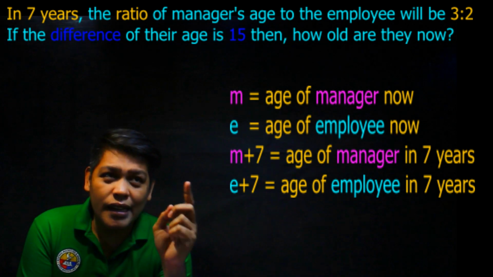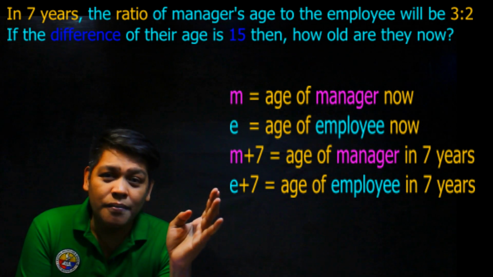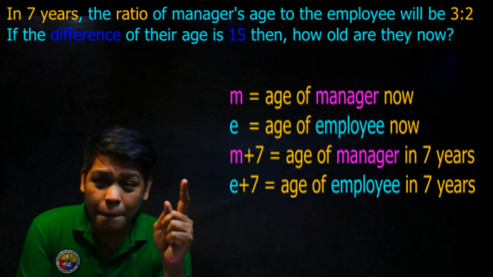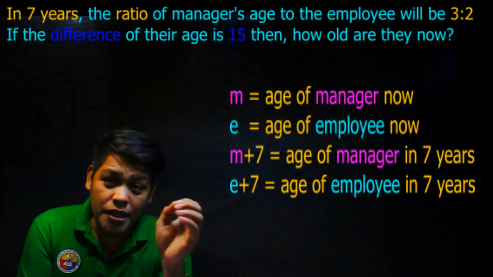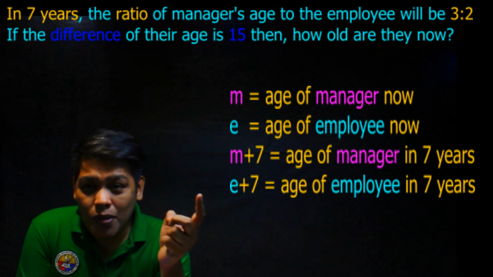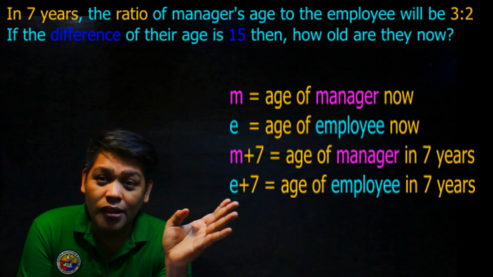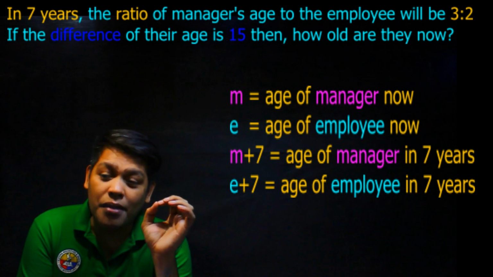And then, in 7 years, you add 7. M plus 7 is the age of the manager in 7 years. Then for the employee, E plus 7 is the employee's age after 7 years.